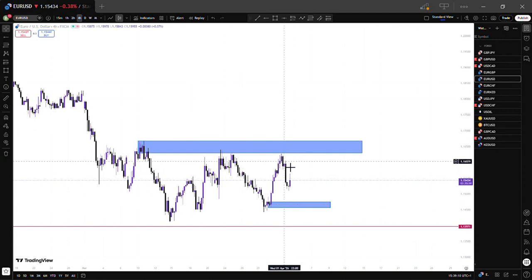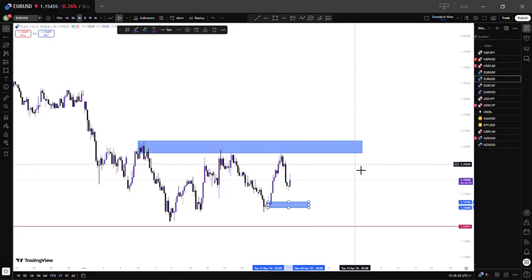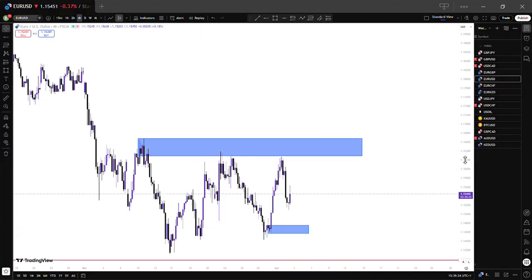We're expecting the break of structure to the upside. A change of character first, then a break of structure. Until that happens, this order block is still irrelevant, so to speak, but I just had to mark it out. So we know the last point we're expecting price to get to and expect a reaction.